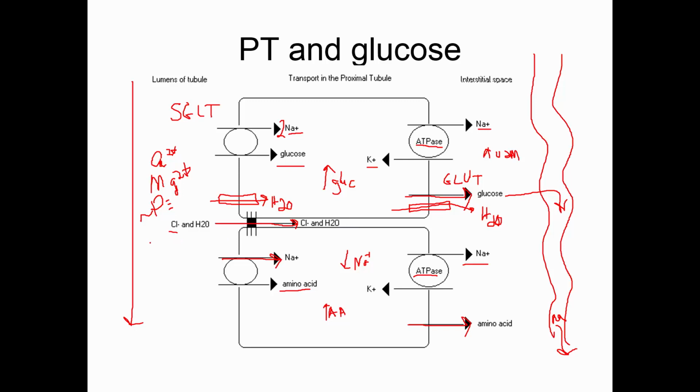Oh, you know what? I forgot one. Potassium. Potassium is reabsorbed. Now there are also going to be some leak channels for potassium. It's going to allow potassium to come in. Potassium will leak out. We turn around and pump the potassium back in. Alrighty? So, the big theme in the proximal tubule is a sodium-potassium ATPase creating a sodium gradient.